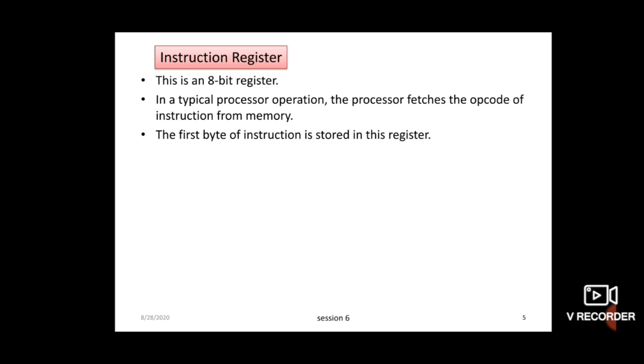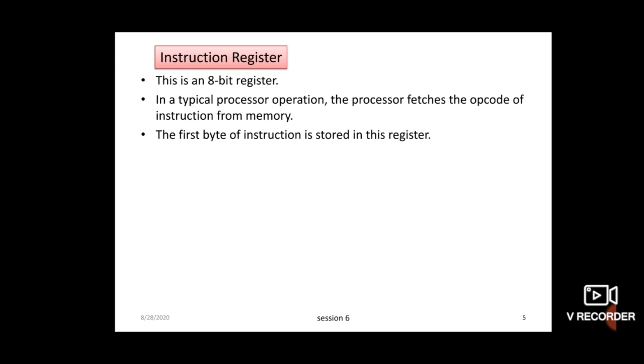Then it is sent to the instruction decoder. The instruction decoder decodes it and accordingly gives the timing and control signals which control the registers, the data buffers, the ALU and the external peripheral signals, depending on the nature of the instruction. Understood, students? What is the main function of the instruction register?